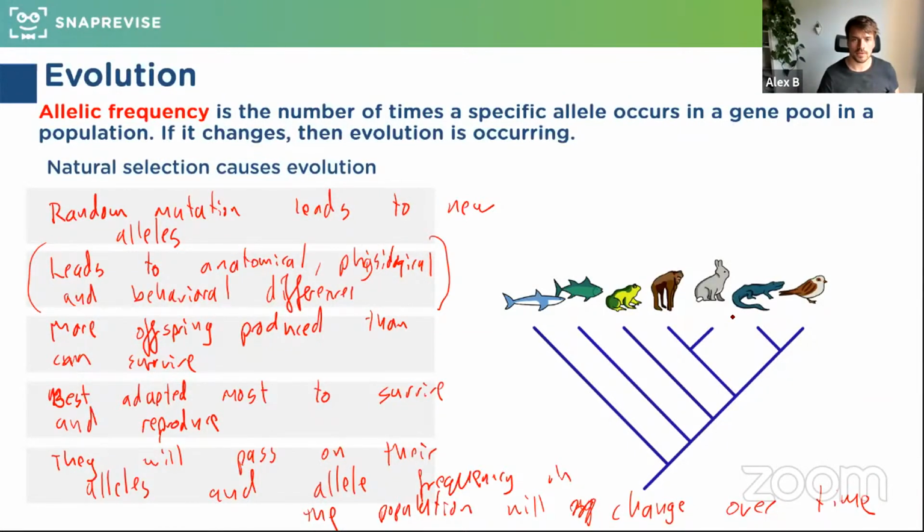Yes, it's a phylogenetic tree, exactly. This shows evolutionary history.